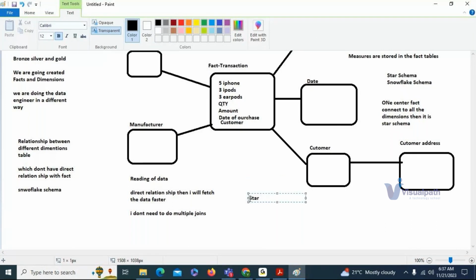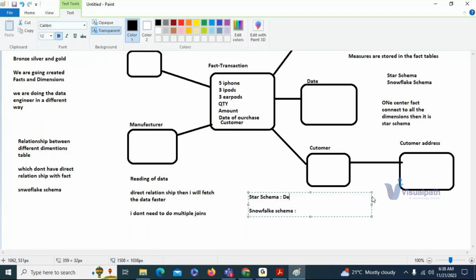Now, star schema and snowflake schema: is star schema normalized or denormalized? And is snowflake schema normalized or denormalized? Normalization means splitting of tables. Denormalization means merging of tables. So is star schema normalized or denormalized? Denormalized.